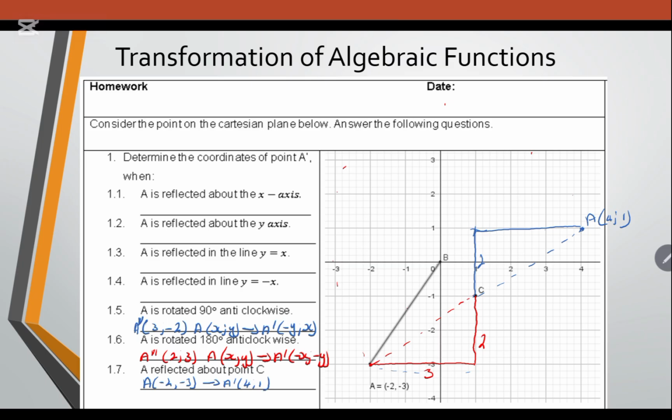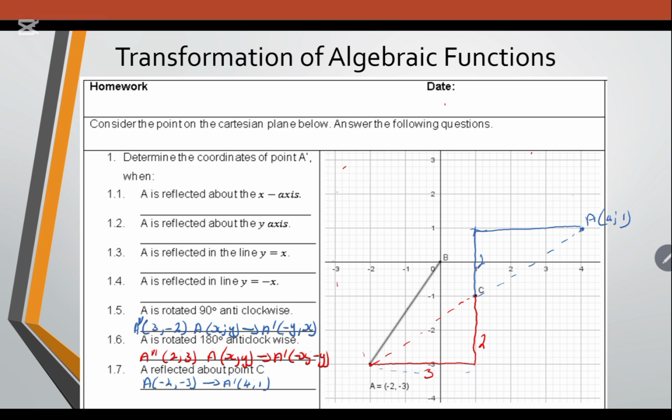So how do you deal with that? You simply look at the point and find the distance and then reflect a point at a time. This cannot apply as a rule to every point that is being reflected through point C.